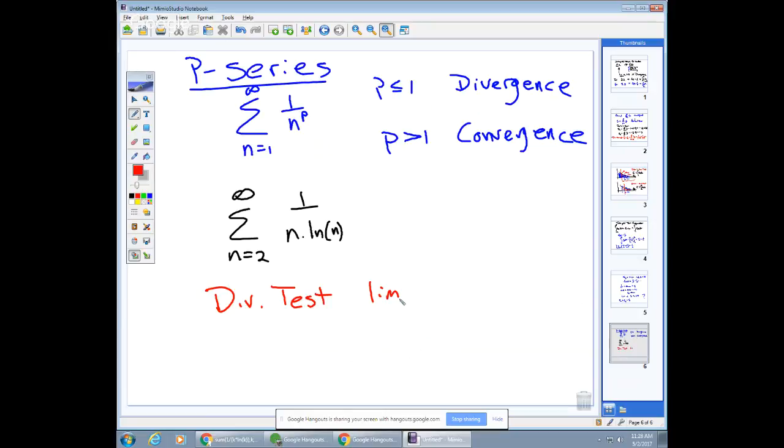What happens when you take the limit as n goes to infinity of 1 over n times the natural log of n? Well, I have a denominator that's increasing. Numerator's fixed at 1, so this is ultimately going to 0. Does that help? Not really. Might diverge still, might converge still.